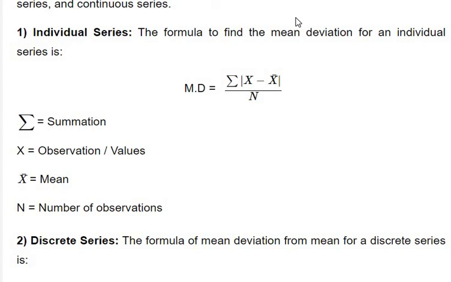So for an individual series or a simple data set, we can calculate mean deviation using the formula MD is equal to sigma modulus x minus x bar by n. We discussed sigma, that is summation. X means observations or values, x bar is the mean, n is the number of observations.